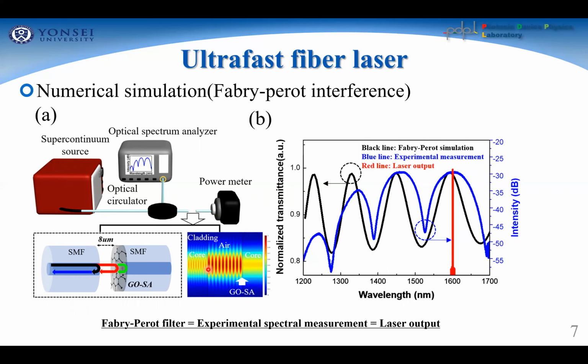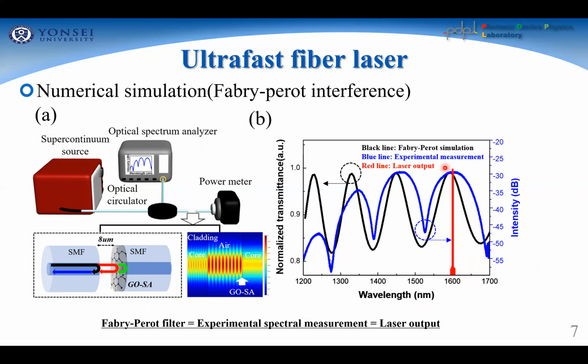This is the core, air, graphene oxide, and the core part. So the core part and air part make a Fabry-Perot interferometer like this. Here is the graph of the result data: the black one is the Fabry-Perot simulation, the blue one is the experimental measurement, and the red one is the real laser output.